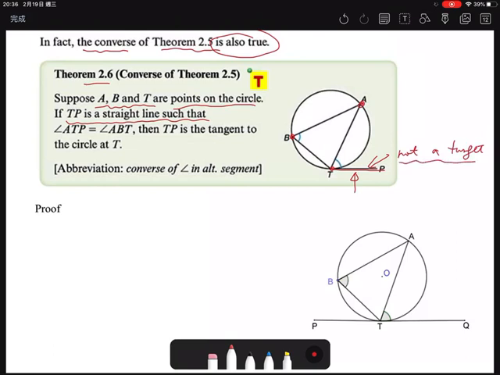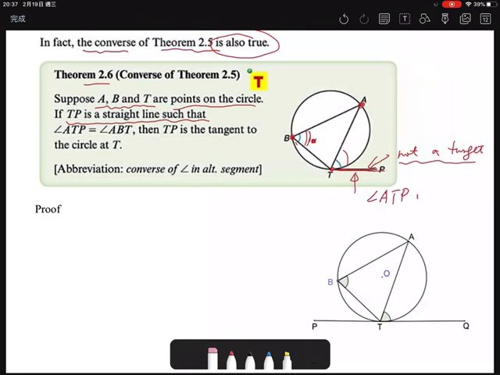All right, and it only gives us 3 points and also a straight line, and the straight line satisfies that the angle in alternate segment, this angle ABT, equals angle ATP. Pay attention. Here we cannot say angle ATP is a tangent-chord angle because we don't know TP is a tangent.